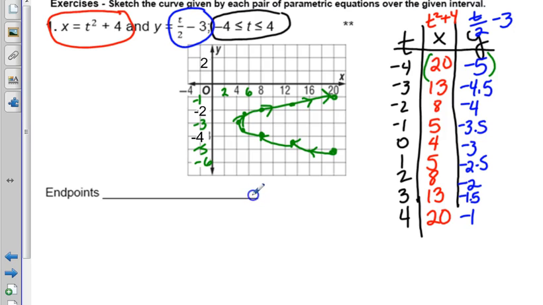Did you get a sideways parabola? Anybody tell me where the endpoints were? And those endpoints were determined by what? Yes, by this interval given in the question, right? If they gave us 0 to 12, would the endpoints change?